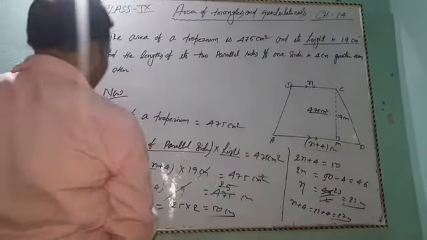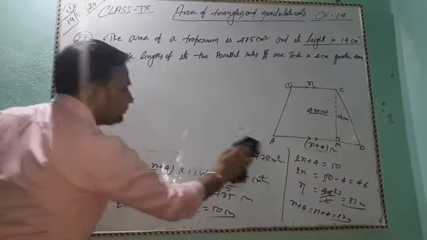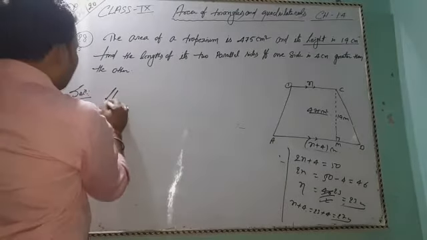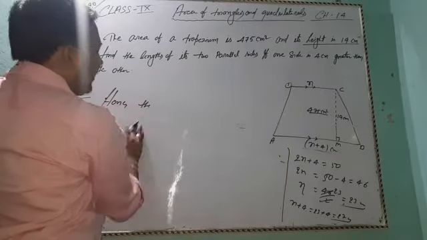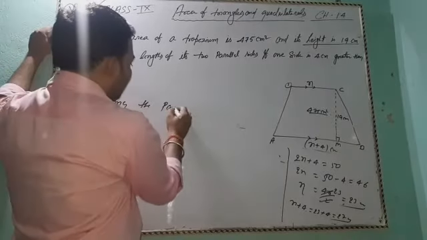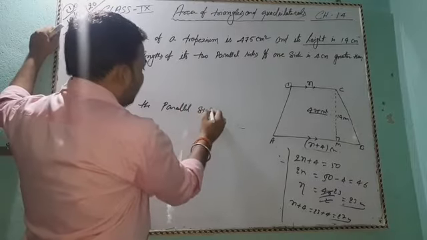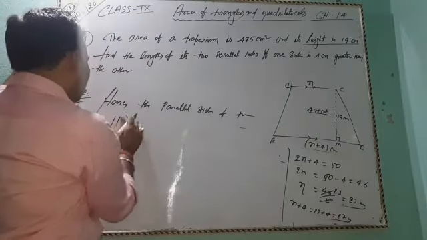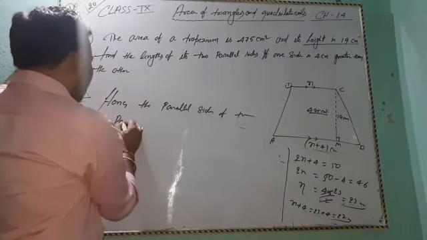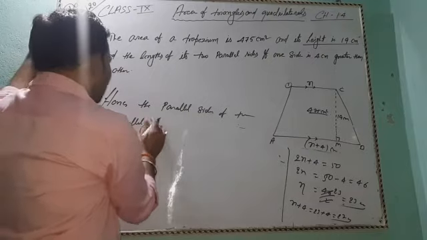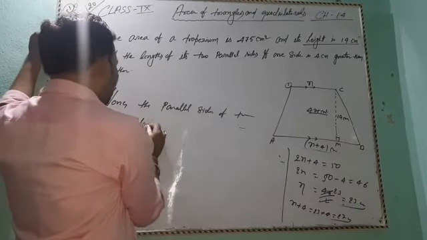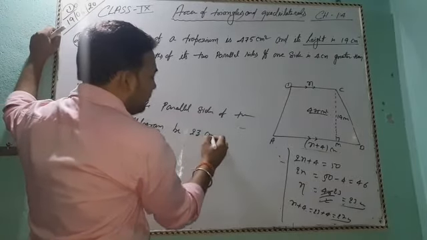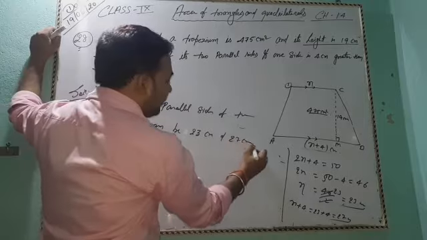Hence the parallel sides of the trapezium are 23 centimeter and 27 centimeter.